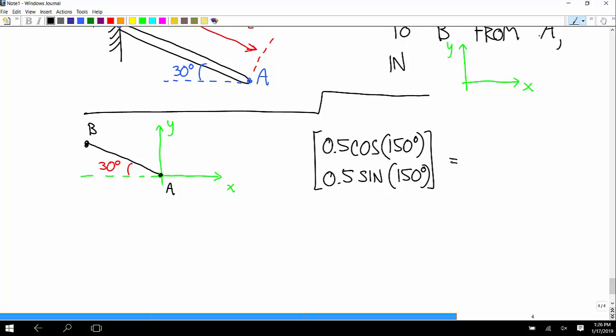And so that is negative 0.433 and positive 0.25. And that's a vector starting at A, going to B.